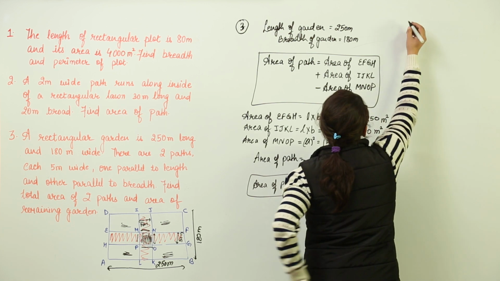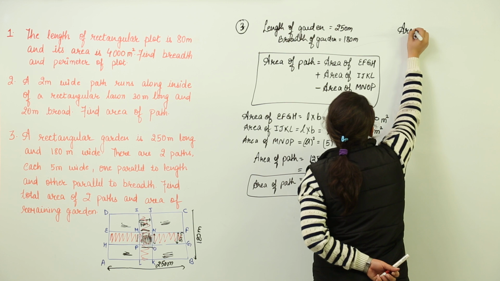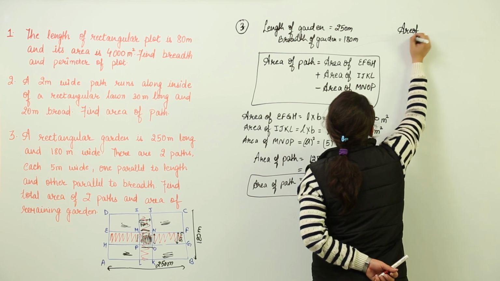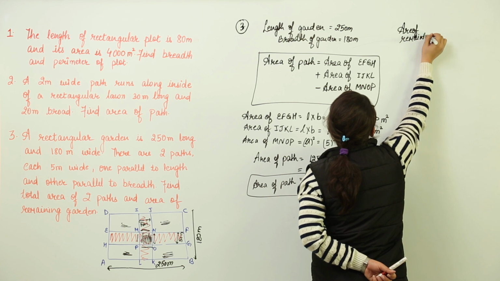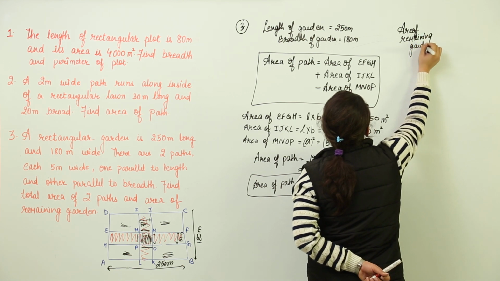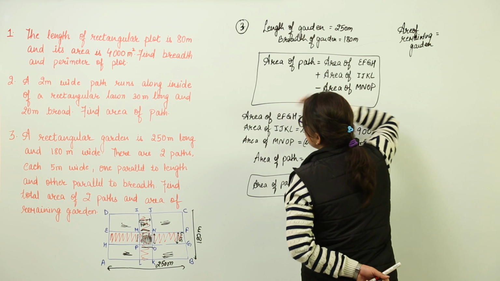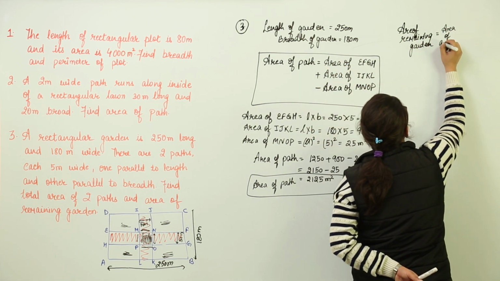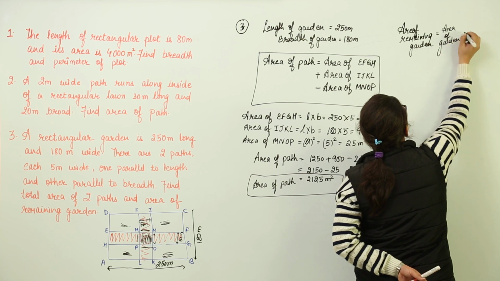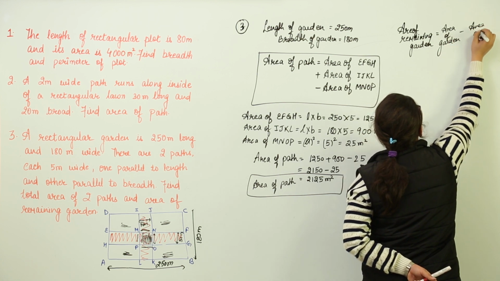We can do it here. The area of remaining garden would be equal to what? At first you write area of garden minus the area of path.